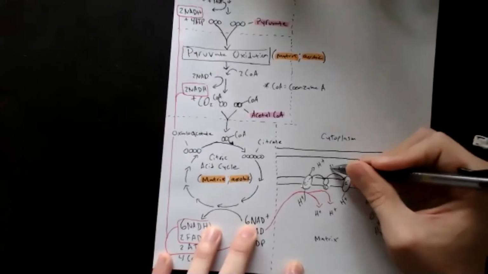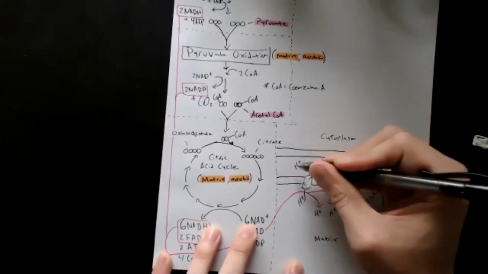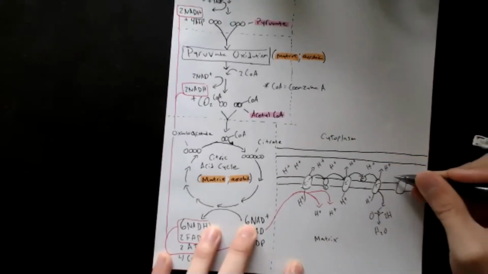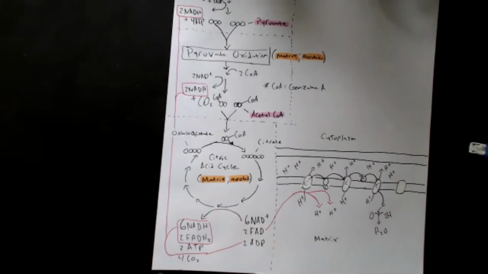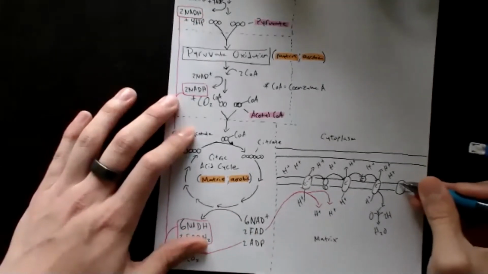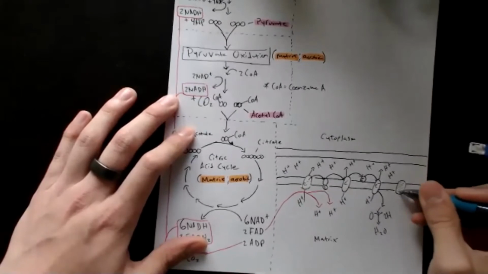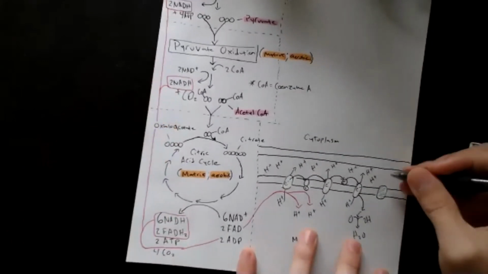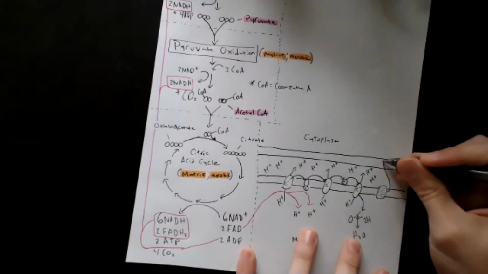And so over time, you're generating a very acidic environment in your intermembrane space. This guy right here, I'll color him blue because he's special, and I'll label this ATP synthase.